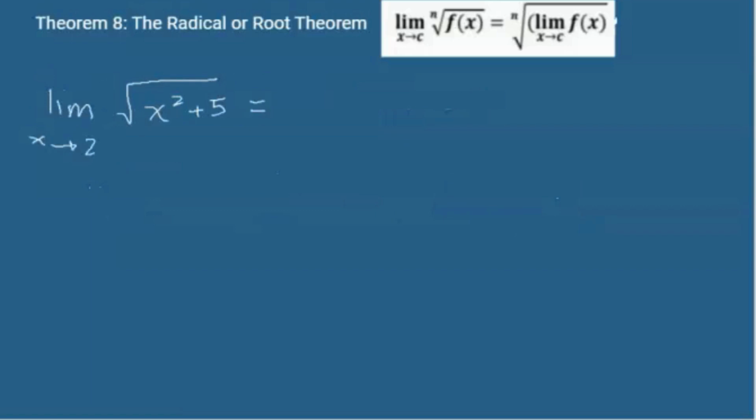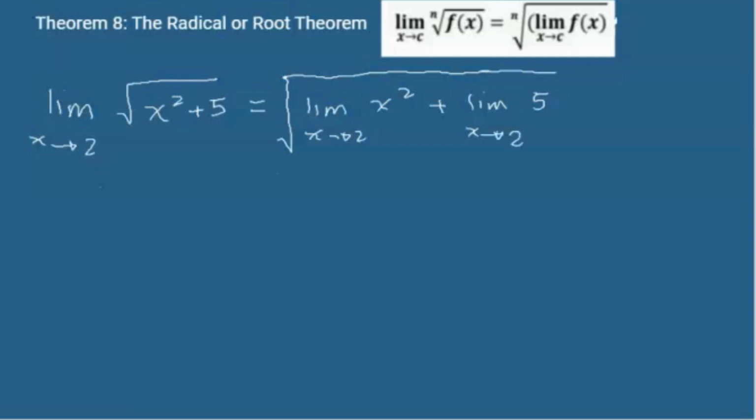The limit of the square root of x squared plus 5 as x approaches 2. So applying the radical theorem, this would be the square root of the limit of x squared as x approaches 2 plus the limit of 5 as x approaches 2. Okay, let's evaluate.